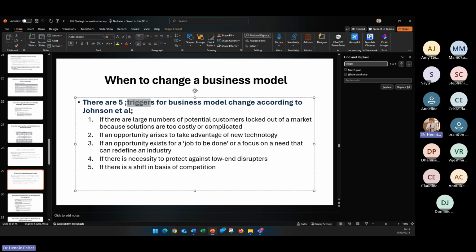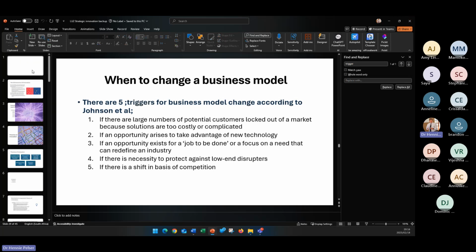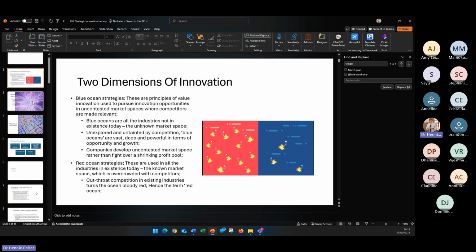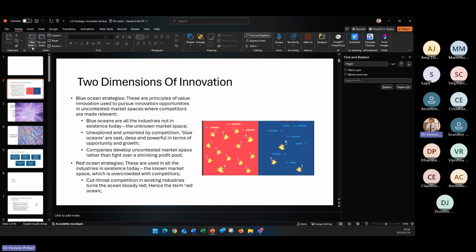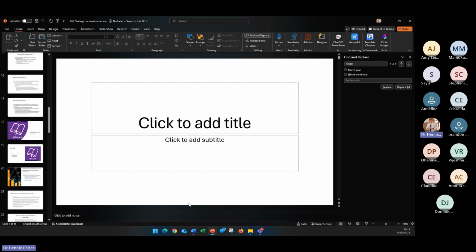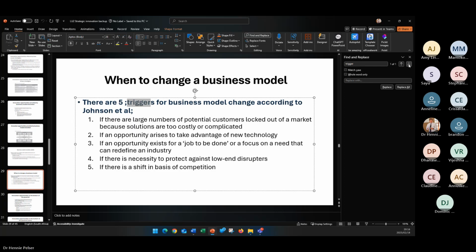So you'll see it looks a bit dodgy on your load there. I know that it's a bit messy, and my apologies, but it is slide 25.